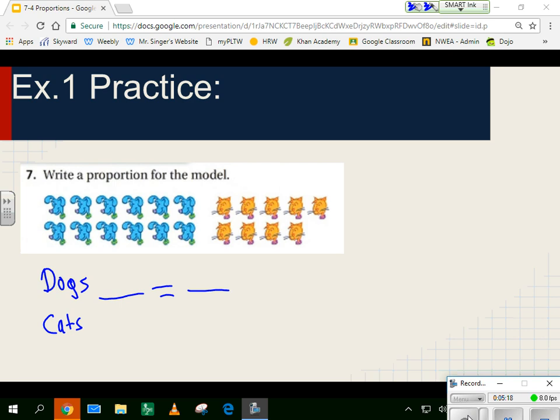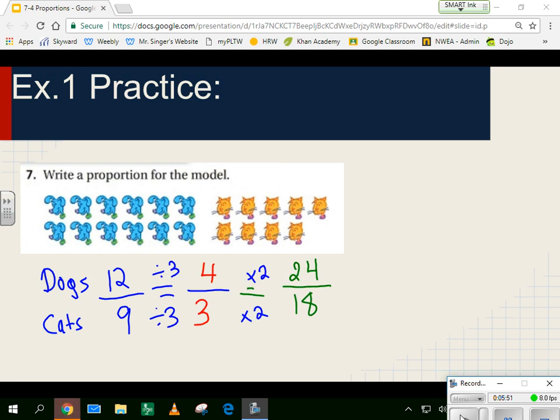So to do our first ratio, I see that we have 2, 4, 6, 8, 10, 12 dogs. And we have 2, 4, 6, 8, 9 cats. All you need to do is create another proportion or another equivalent ratio, and you'll have your proportion. So go ahead and do that. You can even come up with a couple proportions if you want, but I'm just looking for one. Come back when you're done.